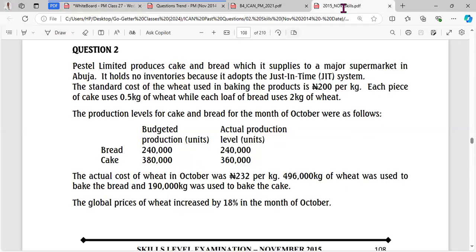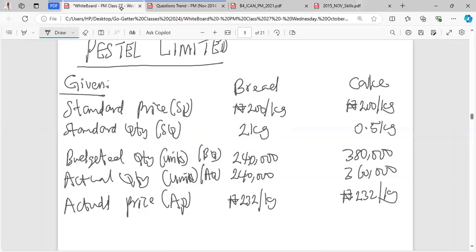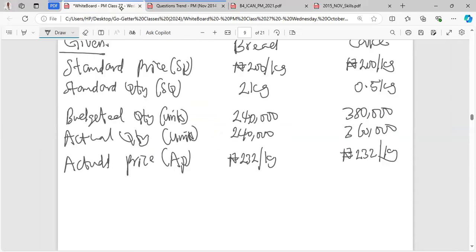Then we read on 4,000. Okay, so that thing I wrote here is not actual quantity. This is units. So just leave them there as units. So I will come here, actual quantity. This is AQ.